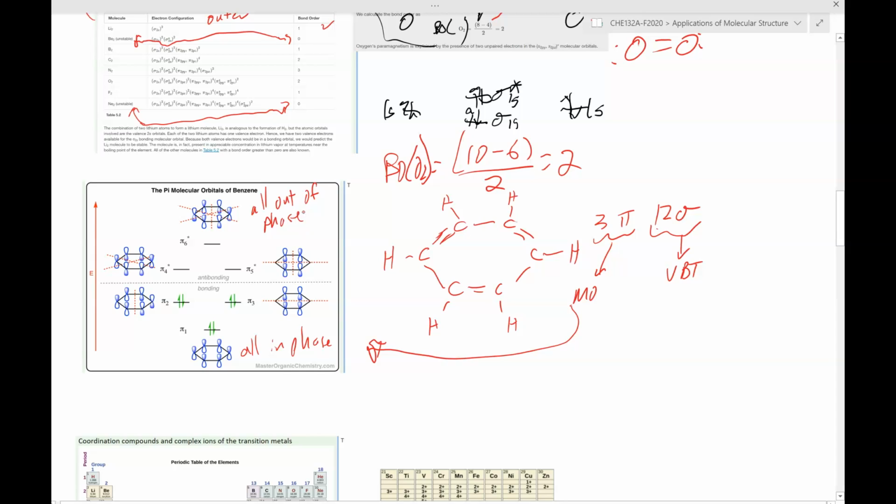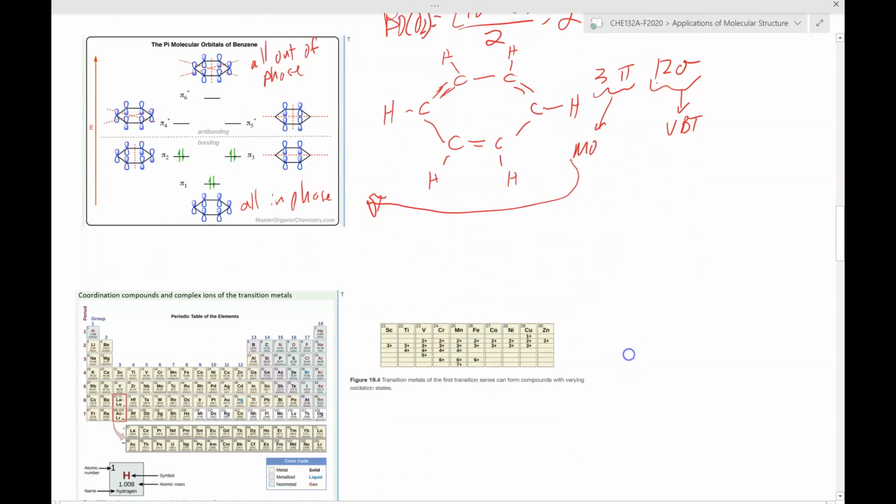So the all out of phase is the least constructive or the most destructive overlap of those orbitals, and that's the highest energy. Anyway, I just want you to be aware that you might see MO diagrams coming back into play in organic chemistry, saying, wait a minute, we're going to treat the sigma structure as VBT, and we're going to talk about the pi bonds as MO diagrams. They kind of expect you to pick up on that.